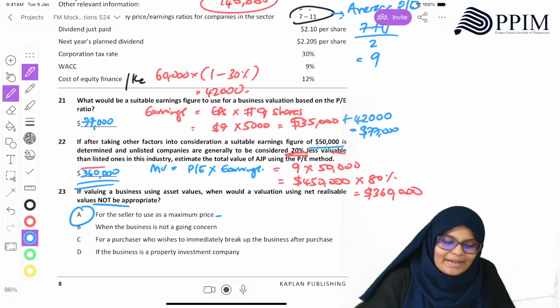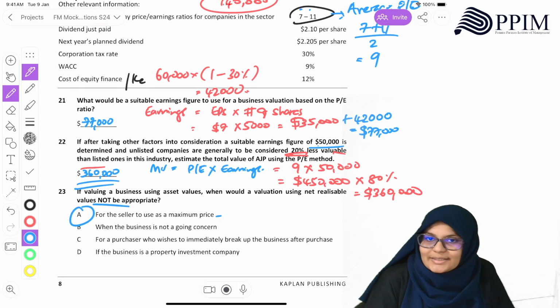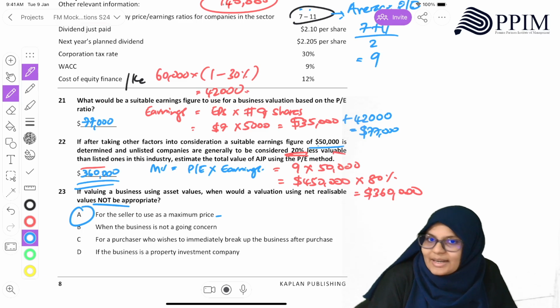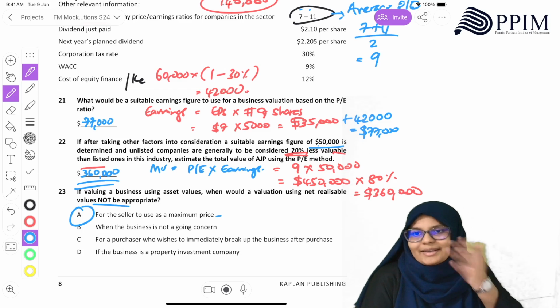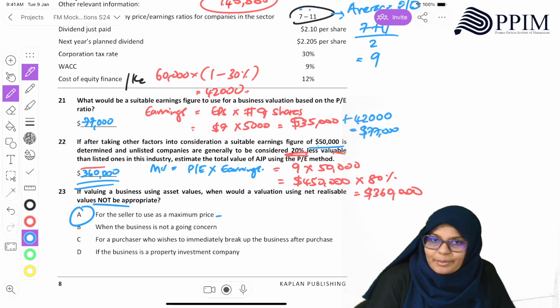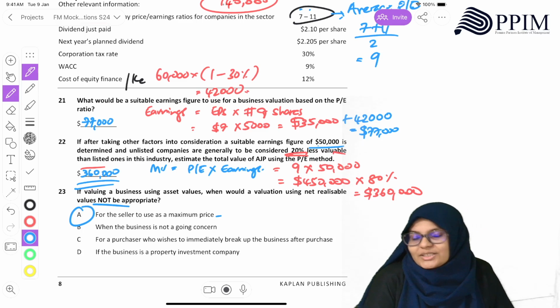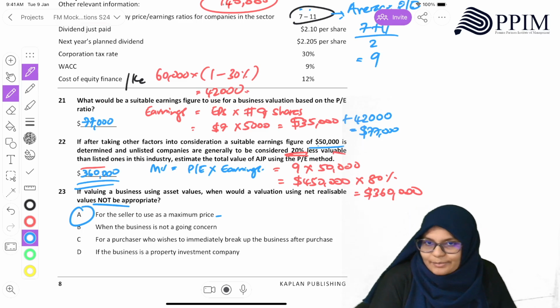The others should be correct. It's saying when the business is not a going concern, because if it's not going to be a going concern, the maximum we can get is the value of the assets. So the net realizable value will be considered fine. For a purchaser who immediately wants to break up the business after purchase, you don't want to run the business, you're buying it and selling off the assets. We call it asset stripping. If the business is a property investment company, you're just buying the business because you want the building, you don't want the business.